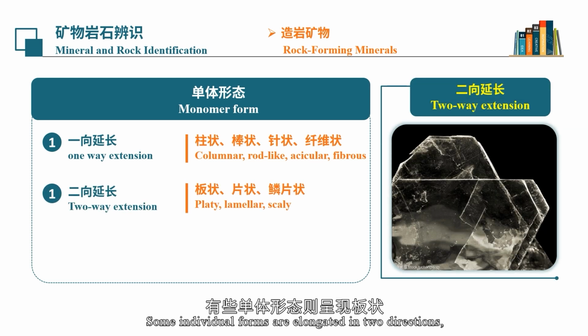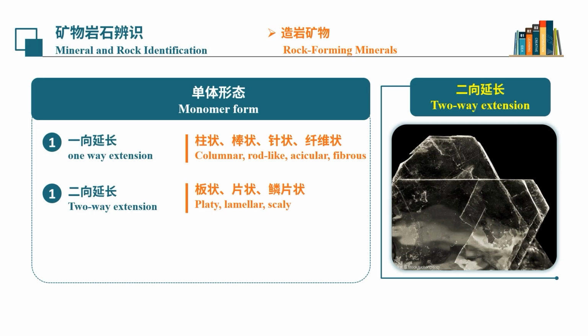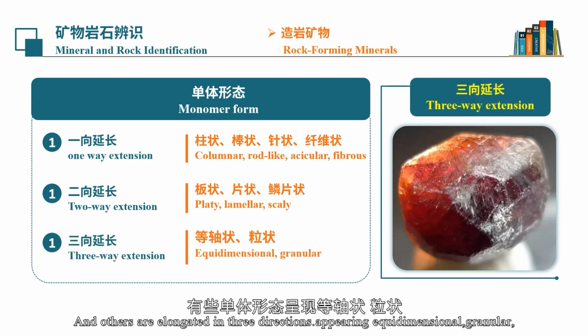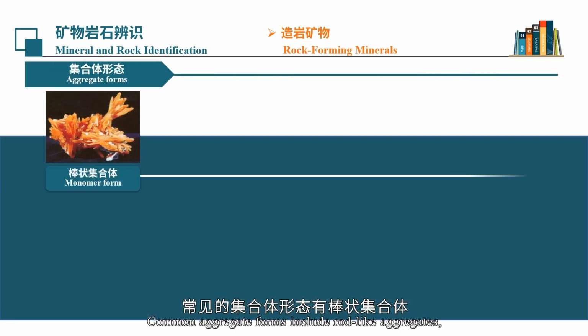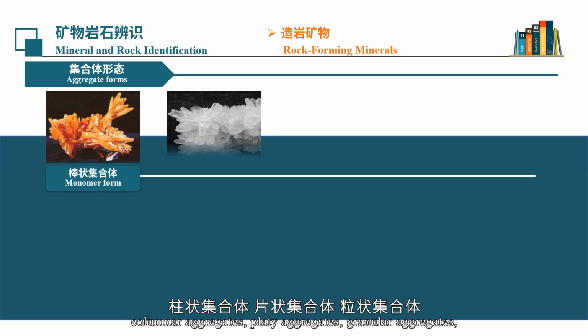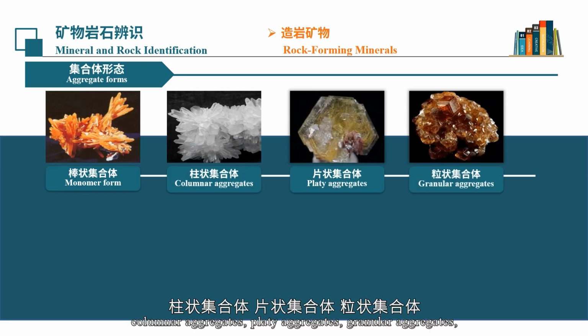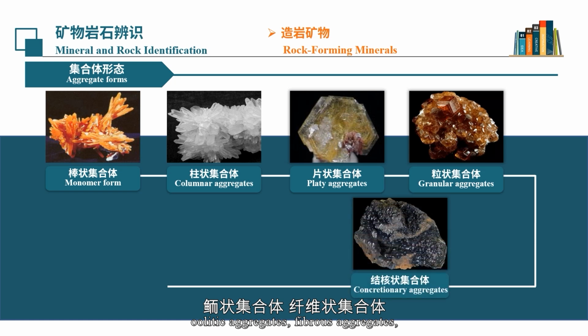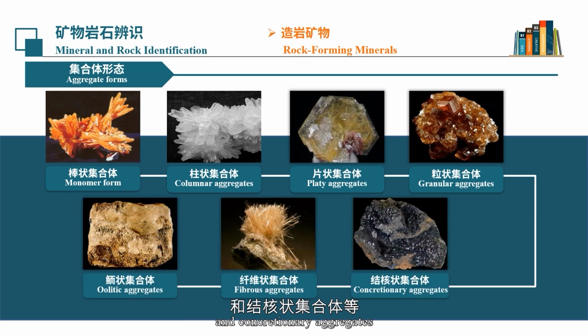Some are elongated in two directions, appearing platy, lamellar, or scaly, and others are elongated in three directions, appearing equidimensional, granular, or cubic. Common aggregate forms include rod-like aggregates, columnar aggregates, platy aggregates, granular aggregates, oolitic aggregates, fibrous aggregates, and concretionary aggregates.